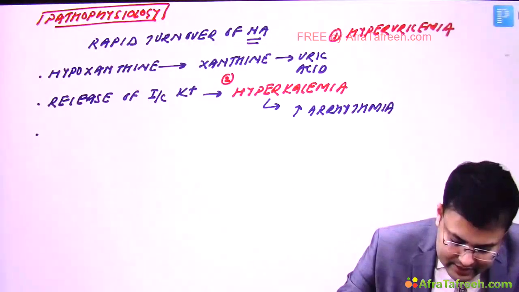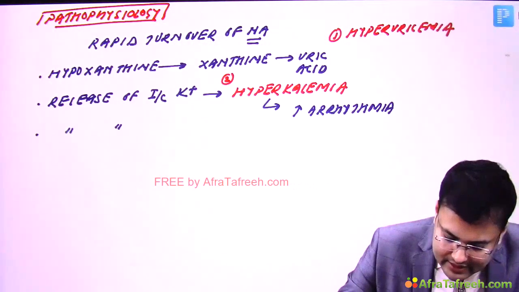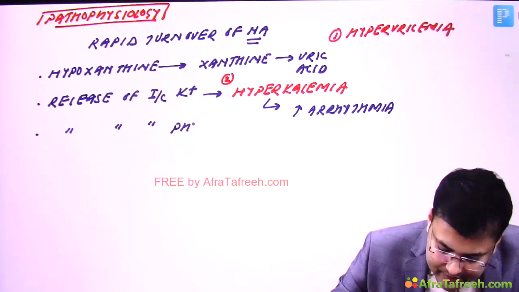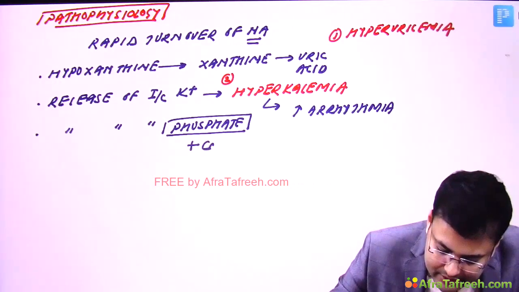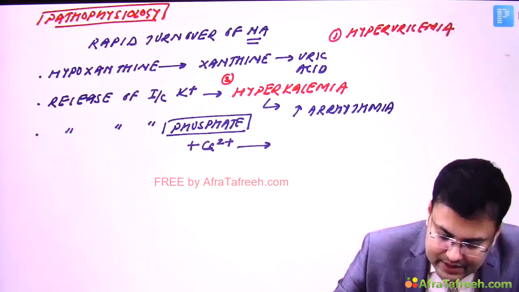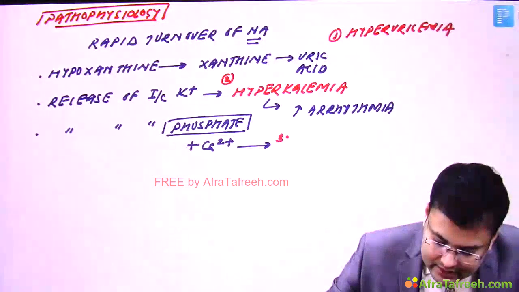Renal failure. So the next problem is there is release of intracellular phosphate. Clear? And this phosphate is going to combine with calcium, and what's the effect? Yes, there is hypocalcemia.